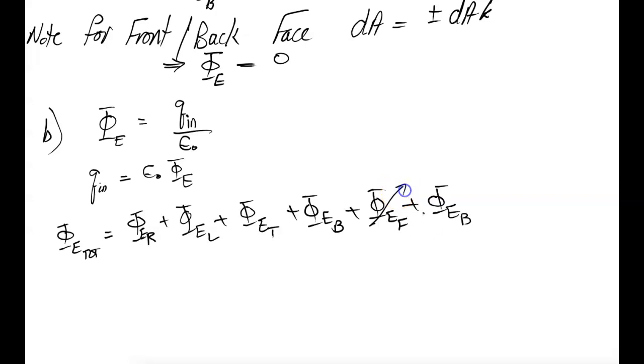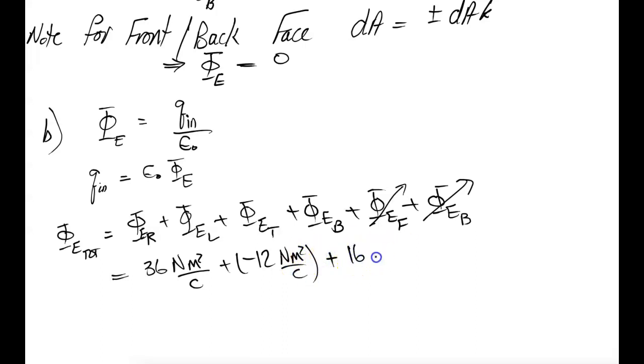And we already know these are zeros, so we get our 36 Newton meter squared per coulomb plus a negative 12 Newton meter squared per coulomb plus a 16 Newton meter squared per coulomb minus 16 Newton meter squared per coulomb.